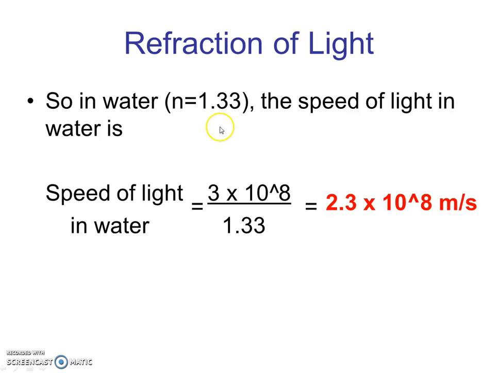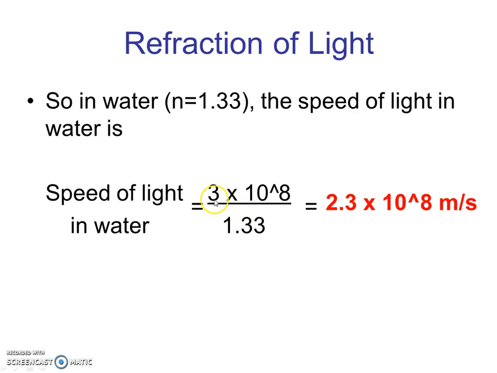So now, when we say the index of refraction of water is 1.33, that means the speed of light in water is 1.33 times slower than it would be in a vacuum. So now we can calculate the speed of light in water by taking the speed of light in the vacuum divided by the index of refraction of water.